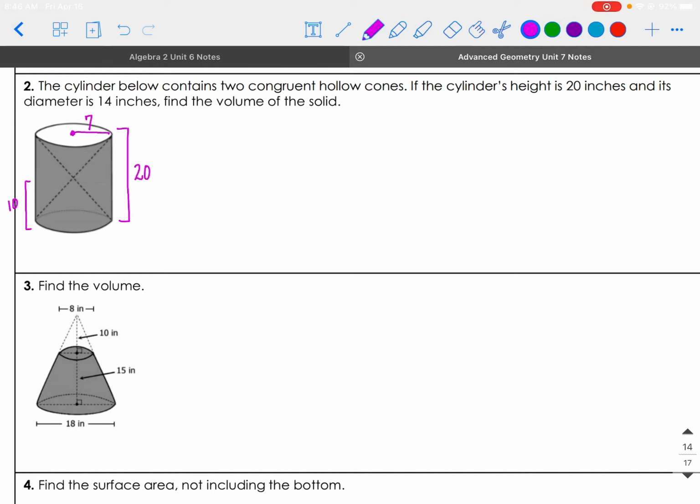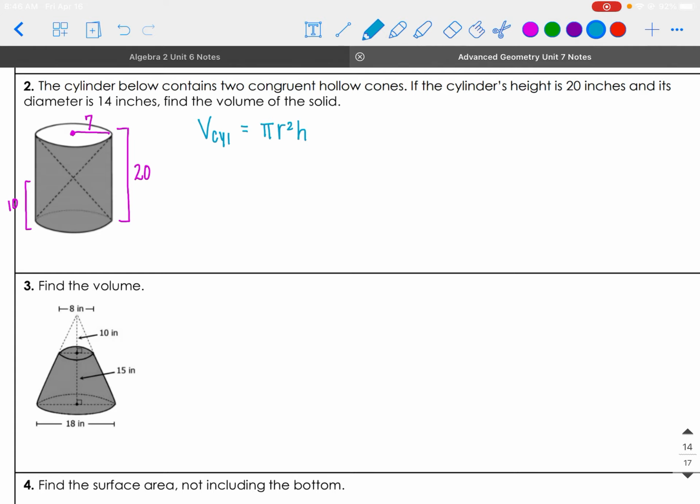So we have the volume of a cylinder, and because we're cutting out the cones, that means we're subtracting the cones. So we need to find the volume. I'm just going to put V with CYL, volume of the cylinder.